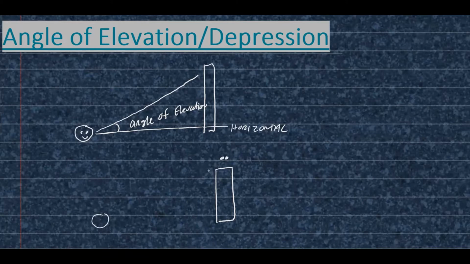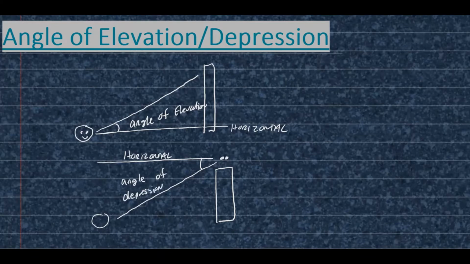From the observer's eyesight, we label this the horizontal. And from there, where the observer is looking, we create an angle, and that angle is the angle of depression.